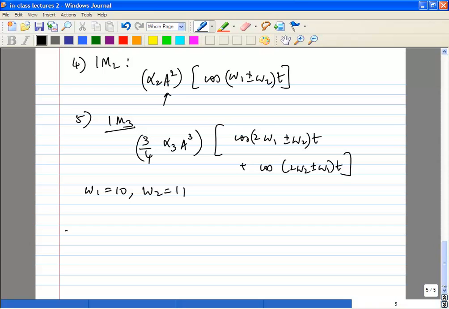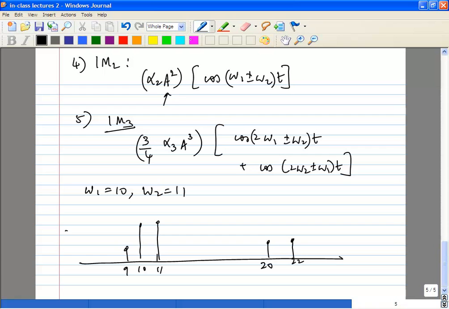So the components you'll get at the output: you'll get the fundamental gain terms at 10 and 11. Then what do you get? What is 2 omega 1 minus omega 2? It's 20 minus 11, which is 9. So you get a 9 term.